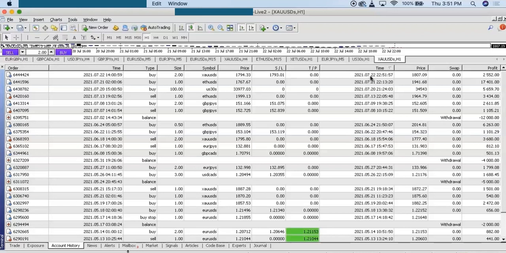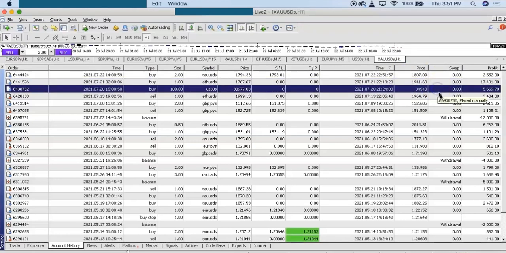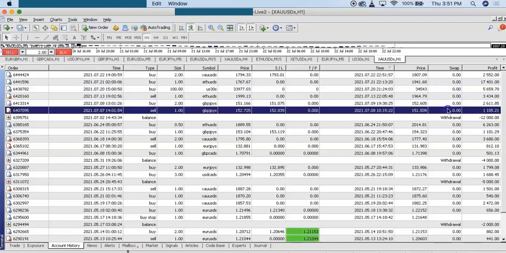And in the course of, let's say, close to 3 months, I have made somewhere around $55,000 in profits from a $500 deposit. And yeah, that was a trade I took on Ethereum.